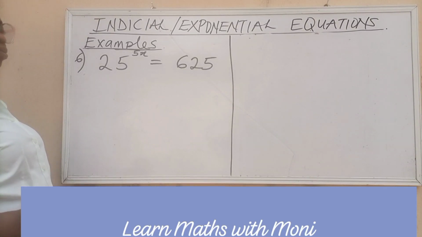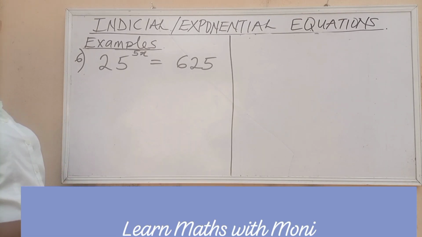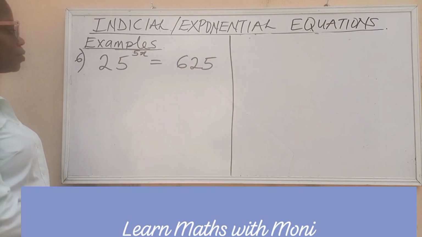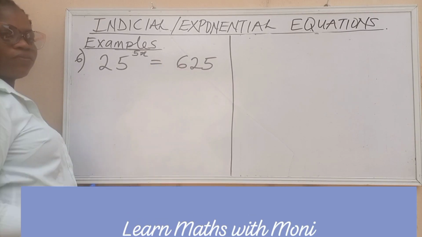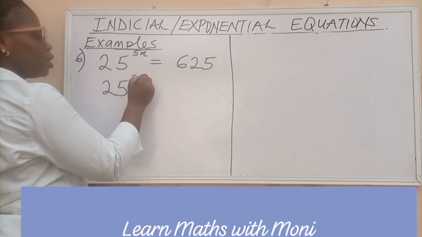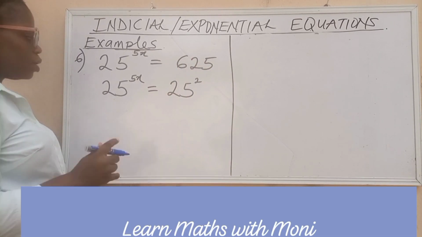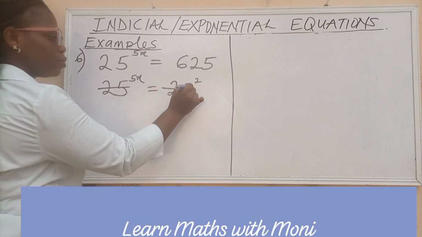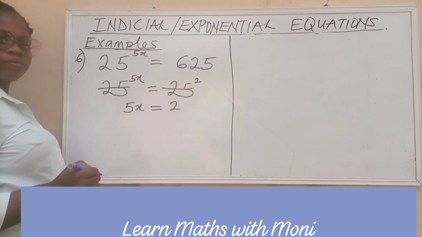Our sixth example, 25 raised to power 5x is equal to 625. 625 can be written as powers of 25 because 25 times 25 is 625. So we write 25 raised to power 5x equals to 25 raised to power 2. The bases are equal. We can equate the power straight away, such that 5x is equals to 2.